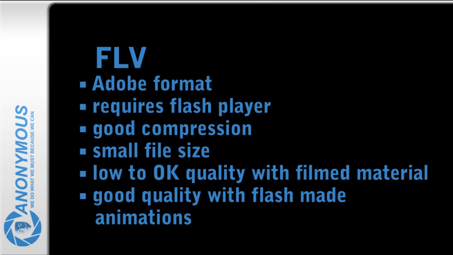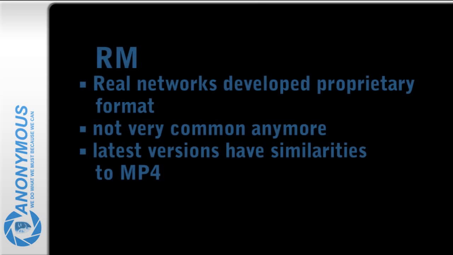Nonetheless, it has a good compression, small file size, and has a good quality for Flash animations. For regular film material, the quality ranges from low to OK. RM is a proprietary format developed by Real Networks. It is not a very common format anymore, but the latest version holds similarities to the MP4 format.